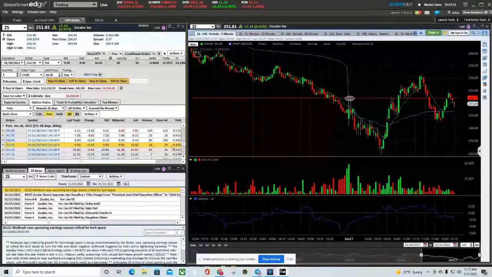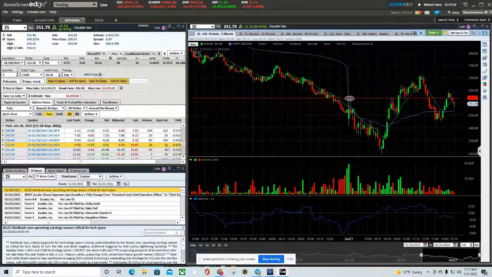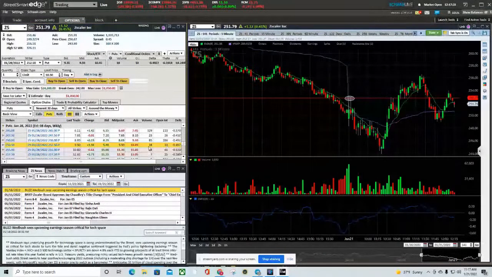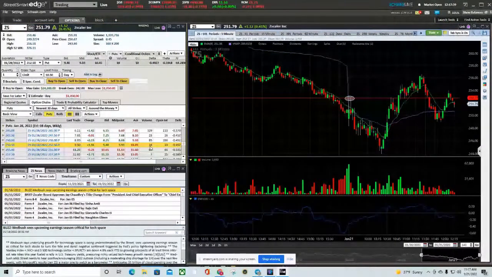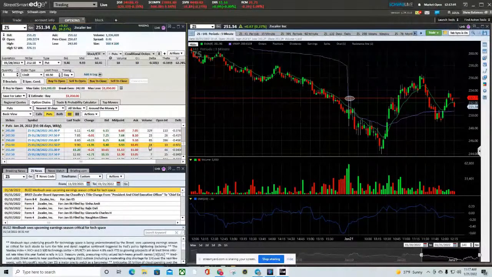Delta, very good, 0.49. But look at the open interest, just 10. Volume, 18. You can't trade that. You're going to have a big spread on that, and there's no volume. If you buy these, you're not going to have very many people to sell them to. So you don't want to buy this.